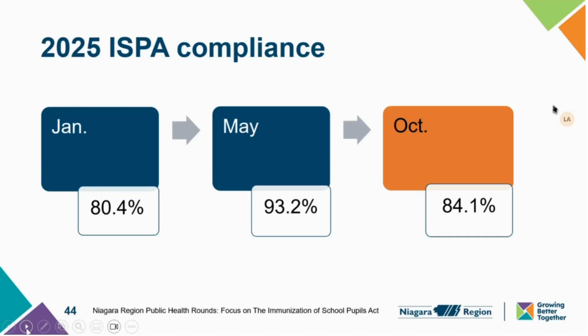So during the 2024-25 immunization record review, Niagara's compliance with the ISPA for children 4 to 17 years of age increased from just over 80% in January of 2025 to just over 93% in May of 2025. However, since May of 2025, additional students have become eligible and due or overdue for vaccination based on their age. So Niagara's compliance rate with the ISPA in October was just over 84%.